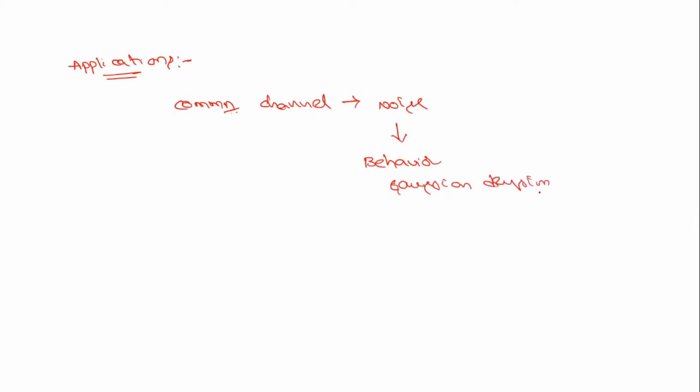So simply you can take Gaussian noise, and by knowing the behavior of the noise using this Gaussian density function, you can eliminate this noise from the communication channels.